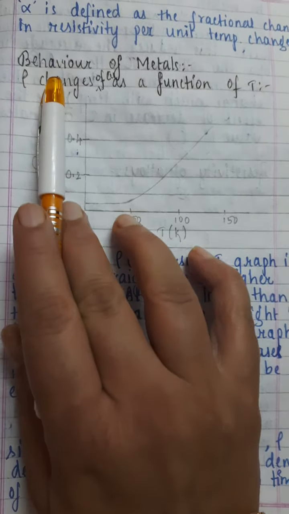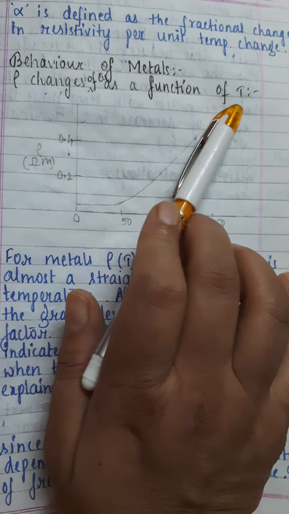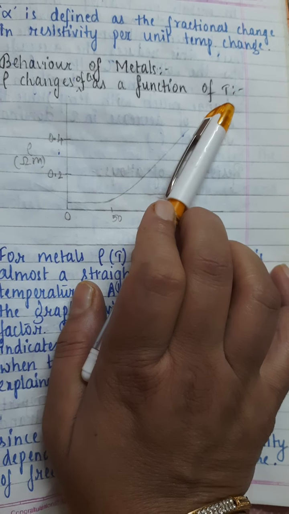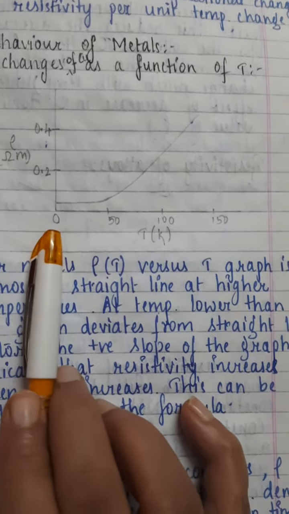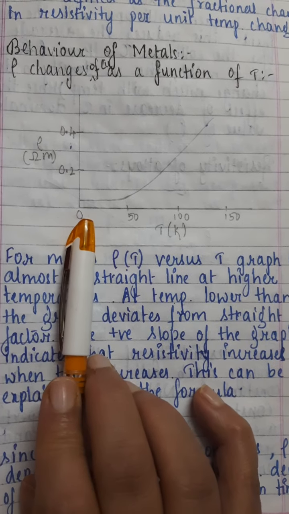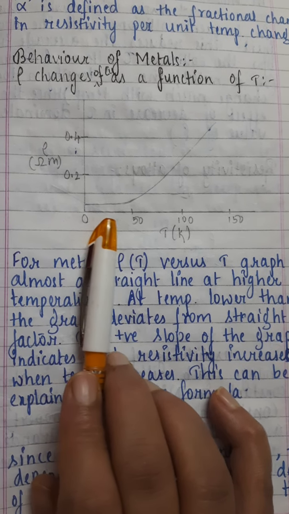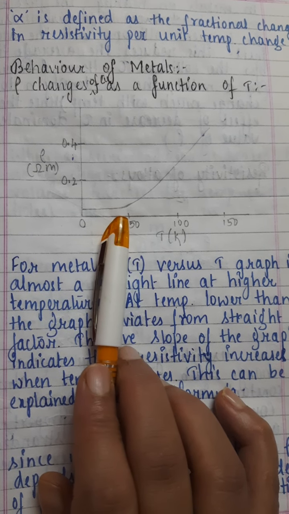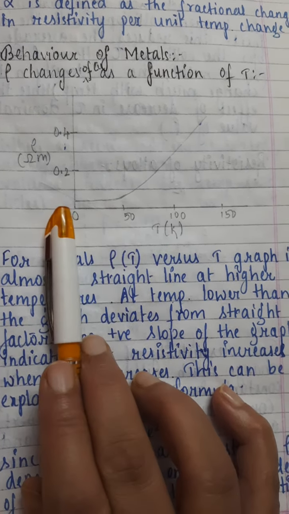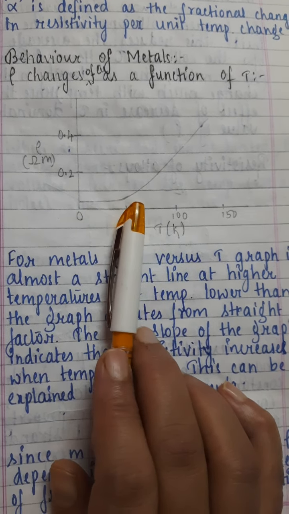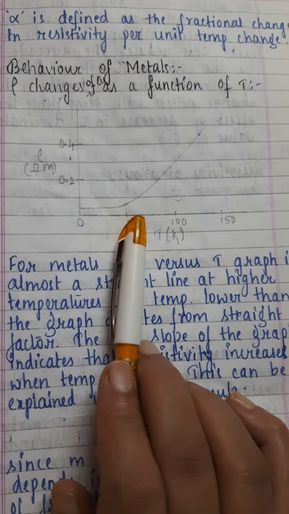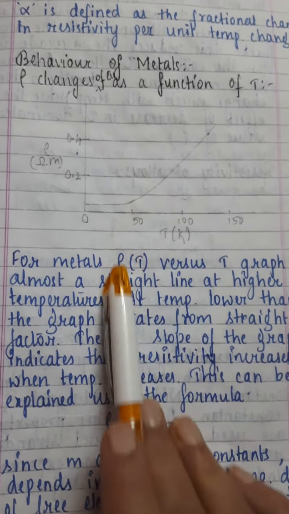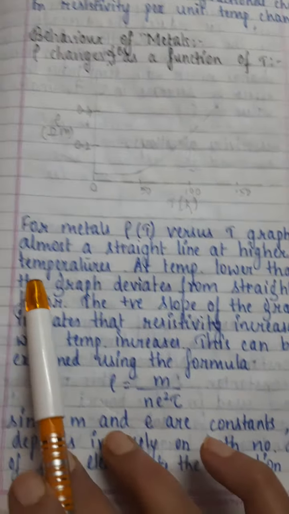First we see rho as a function of temperature T. This graph is given in the textbook also: at low temperature, rho changes very little as temperature increases, and after about 50 Kelvin, as temperature increases, rho also increases. This is the curve for metals.